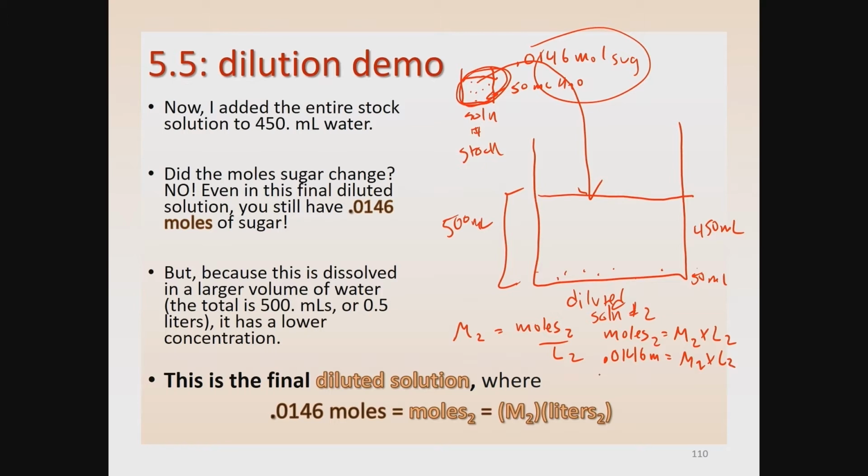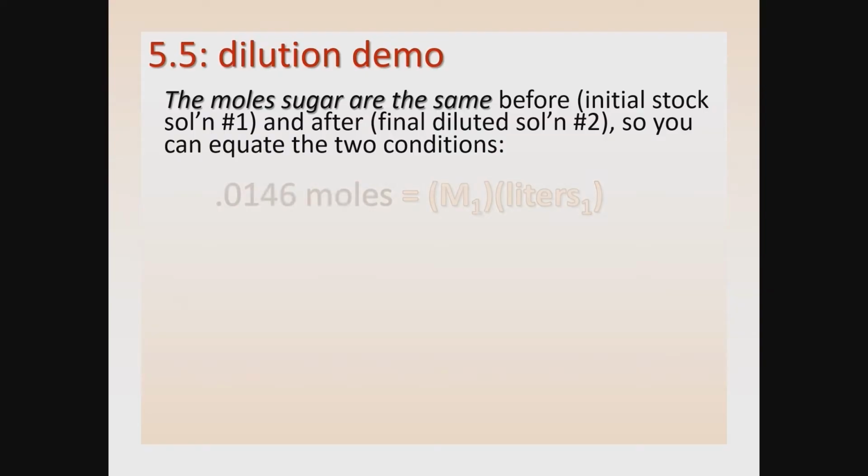And likewise, we said before in the previous example, for the stock solution, 0.0146 moles of that is going to be equal to the molarity of the stock solution, M1, times the volume in liters, L1. So we have these two simple equations, and we can go further with that. Let me show you what we do next.